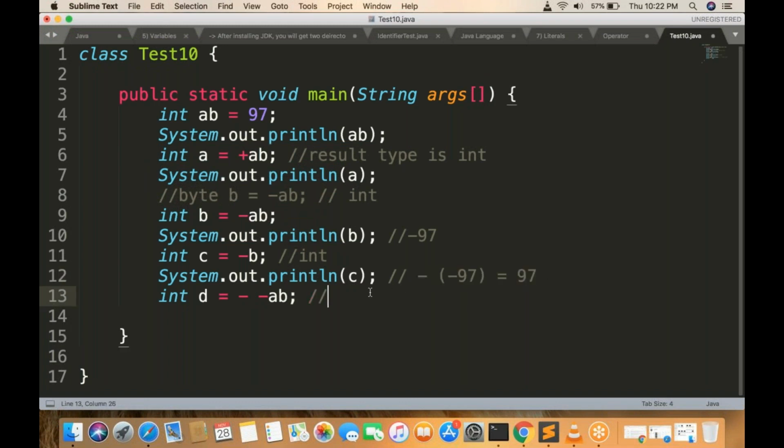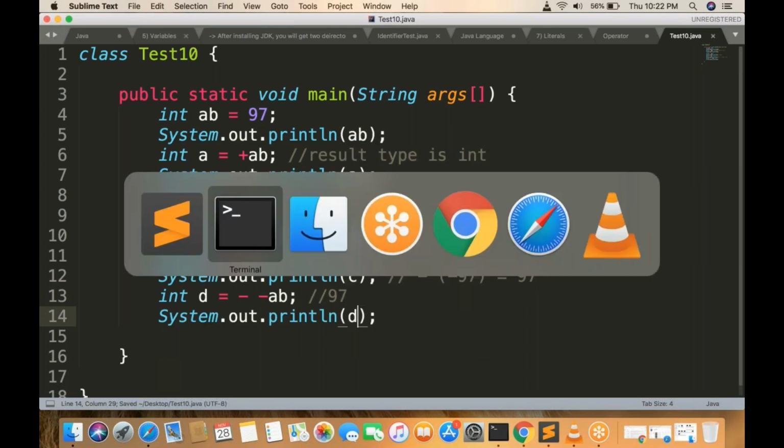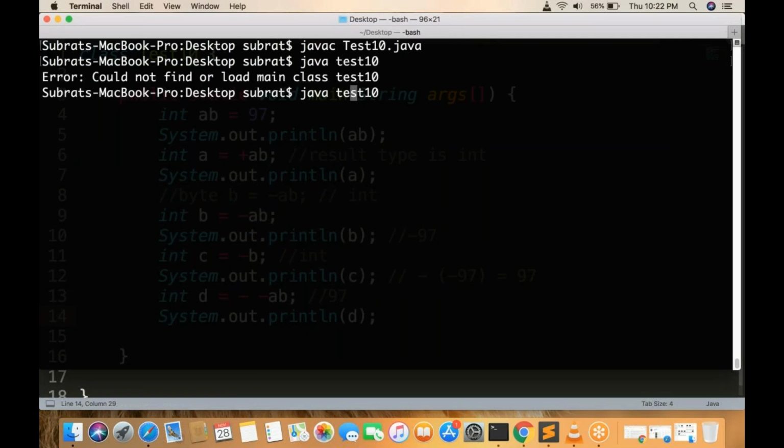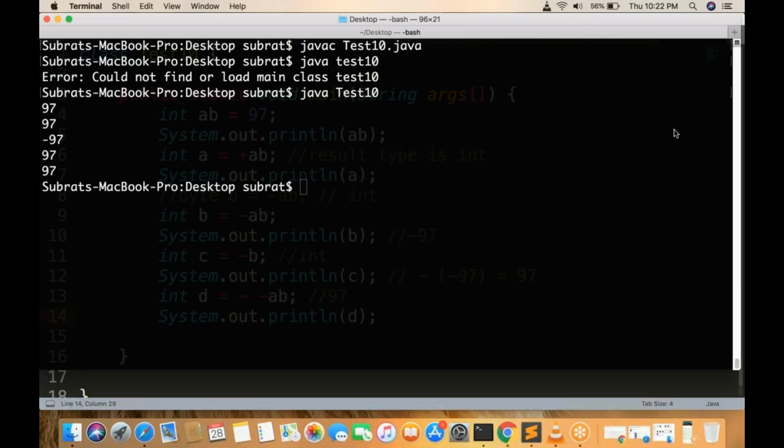So what is the result? What is AB? AB is 97. Minus AB is minus 97. Minus minus 97 means plus 97. The output would be 97. Print d. 97 only. Any doubt?